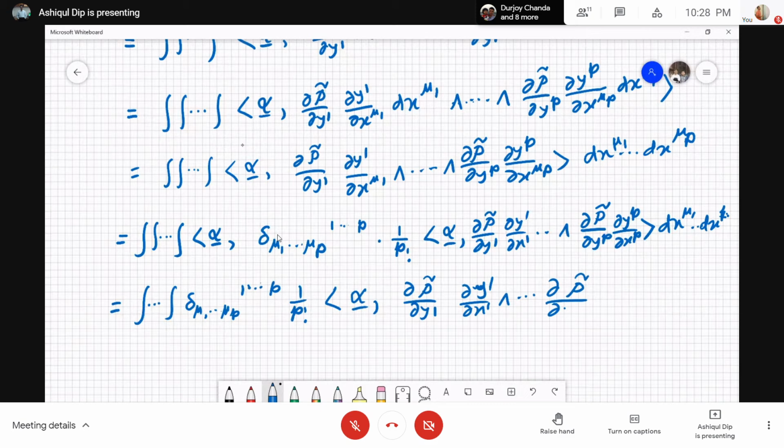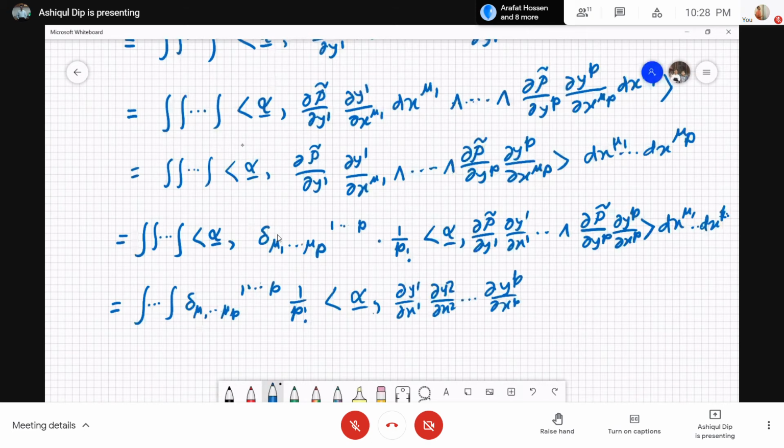So what I can do is take these numbers out of this wedge product and put the other things in single sequential wedge products. So that's what we want to do here: delta y1 by delta x1, delta y2 by delta x2, and so on, delta yp by delta xp.